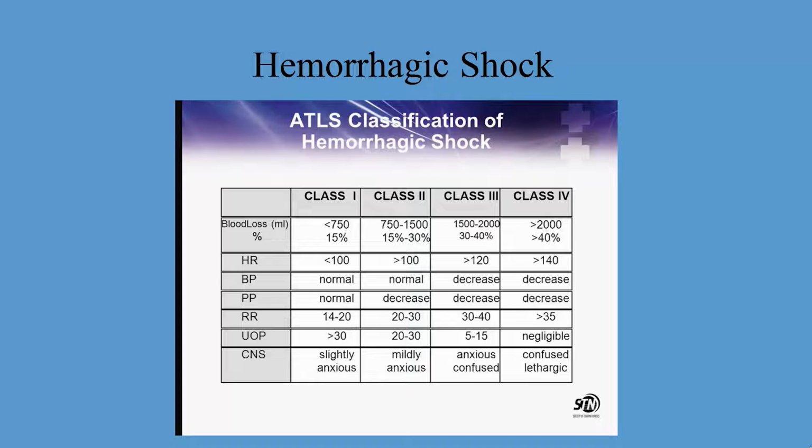And if you don't recognize it until it's class 4, then oftentimes it's too late. So basic trauma care is really geared towards identifying the situation when the patient's in class 1 or class 2 shock, when you have the ability to prevent any further deterioration.